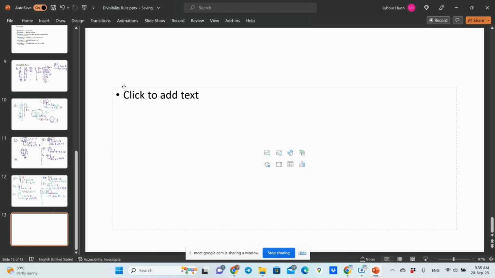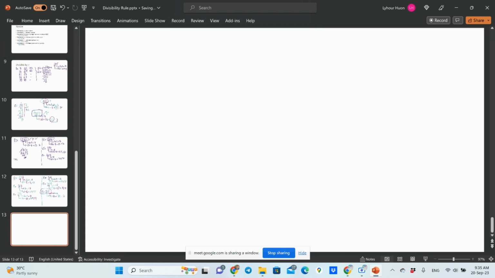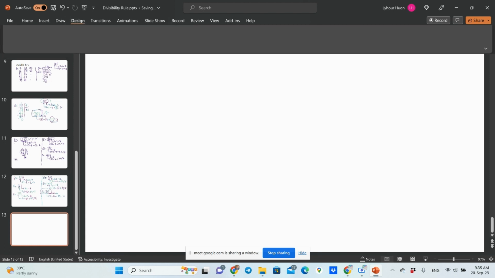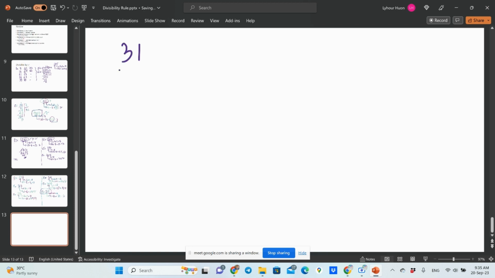Okay, now we found a number that is divisible by 7 by the rule. So now we want to make sure that it's really divisible or not. 315 divided by 7.